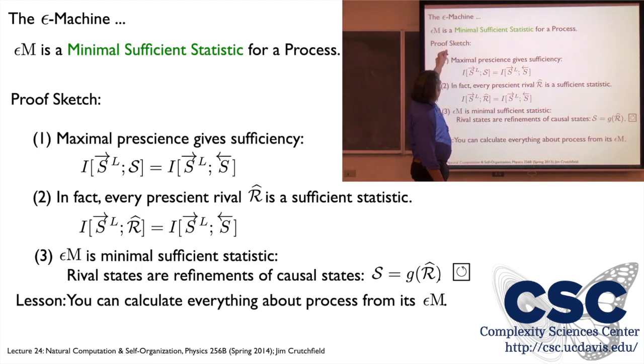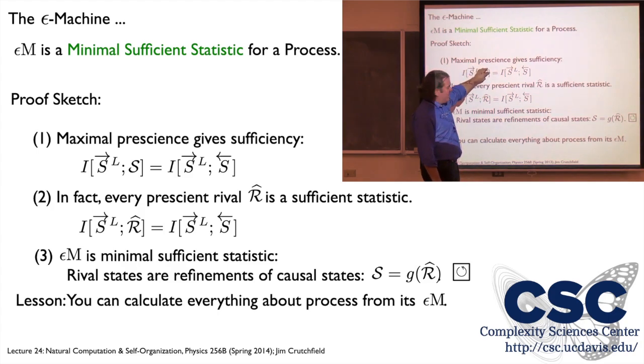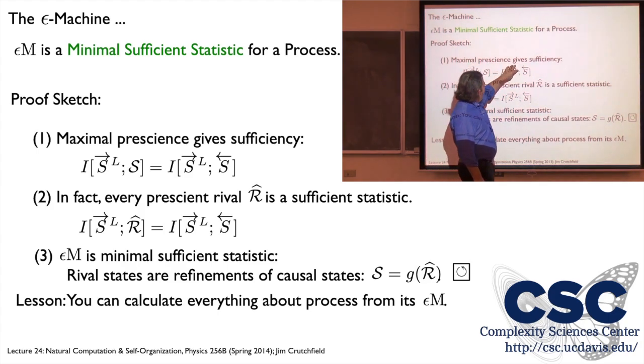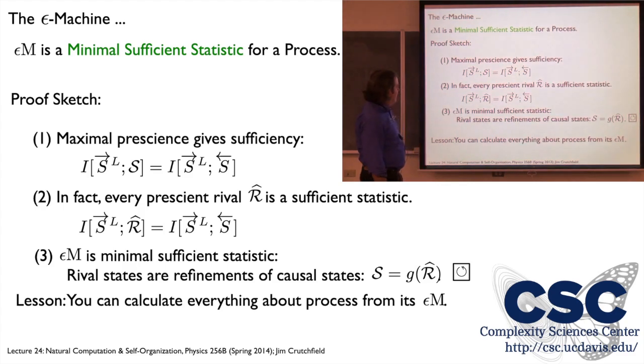So the sketch here is that, first of all, maximal prescience gives sufficiency, namely the mutual information between estimating the word distribution and the causal states is the same thing as estimating the word distribution and the pasts. That's essentially just rewriting that prescience out in a different form for mutual information.